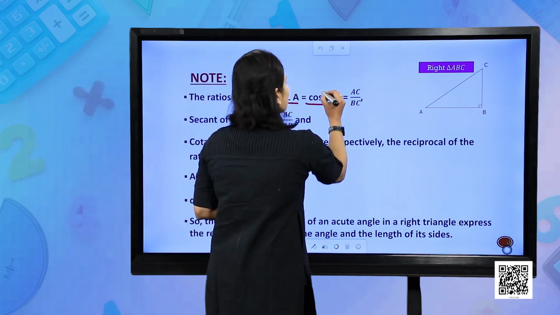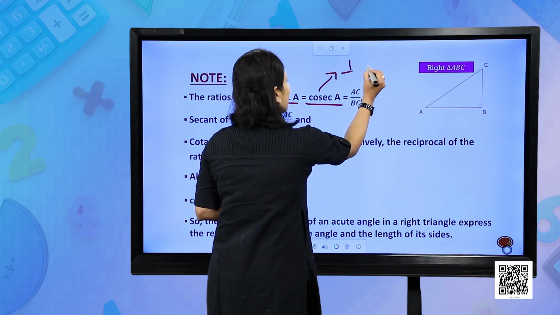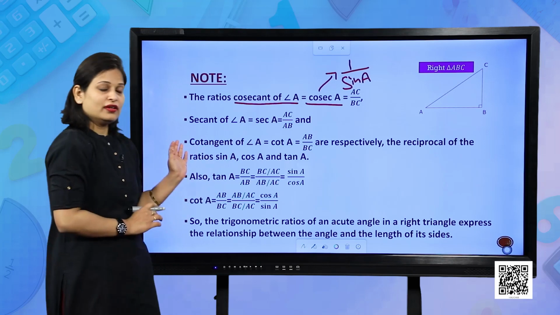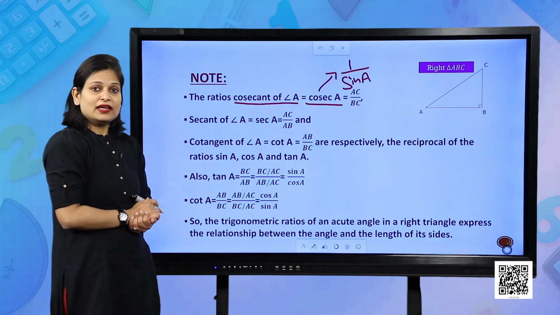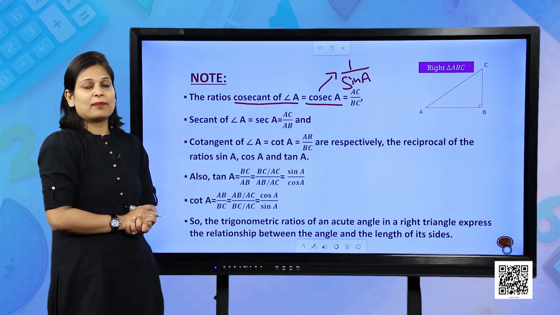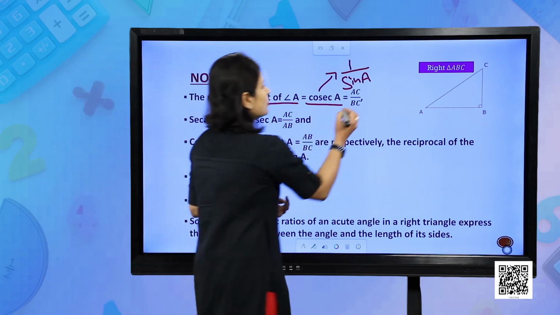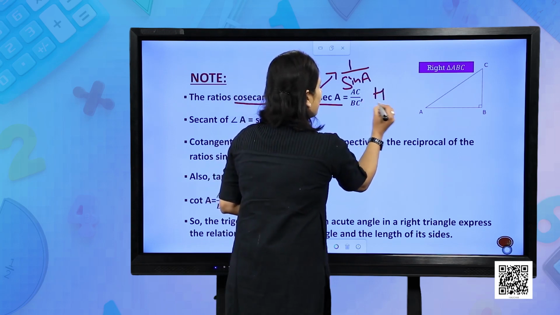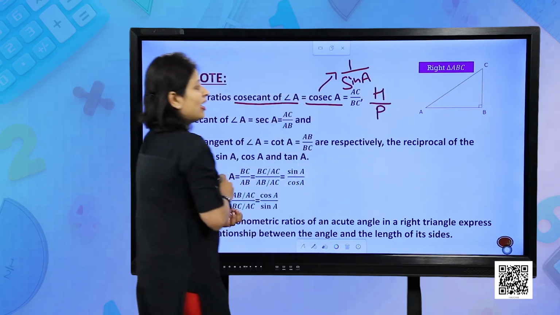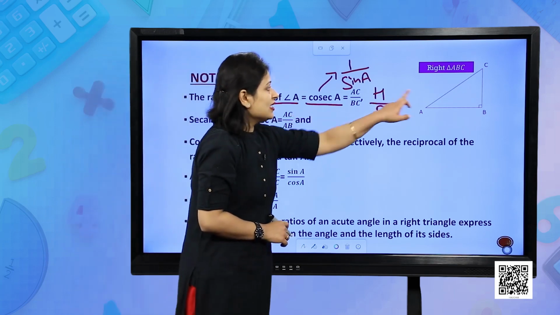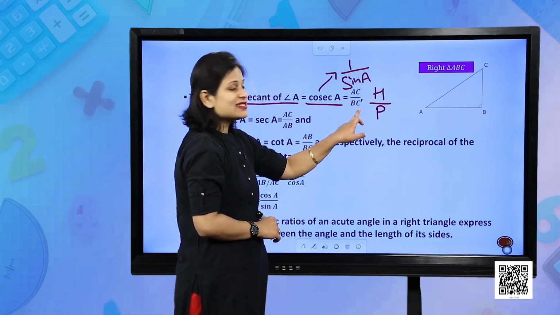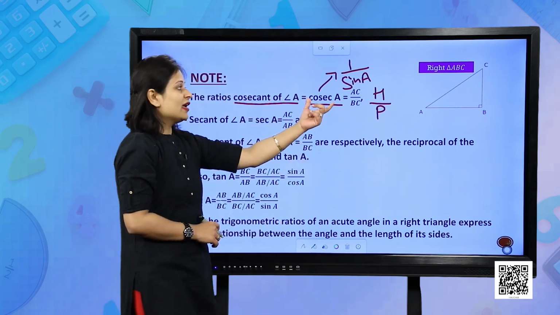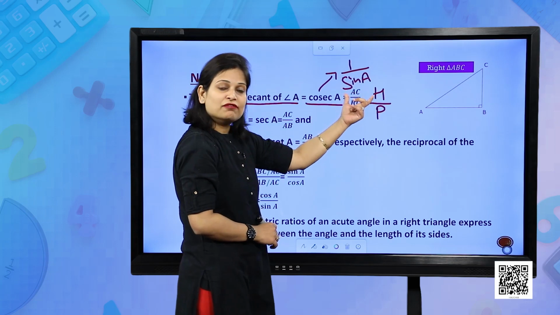Cosec A can be written as 1 upon sine A. As we learned in the previous slide, sine A is perpendicular upon hypotenuse. So, cosecant A will be hypotenuse upon perpendicular. As you can see, AC is the hypotenuse and BC is the perpendicular here.